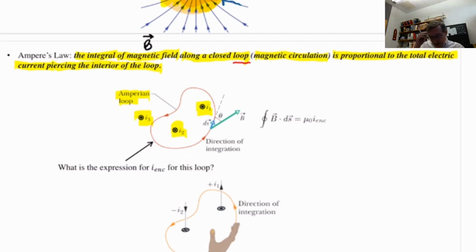All right. And we are interested in what's called the magnetic circulation around that loop. And that means take the total magnetic field at any given point on the loop, and in fact the picture draws that in one place, okay? Right here.